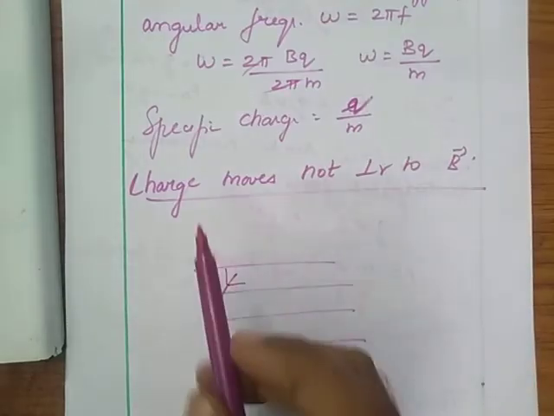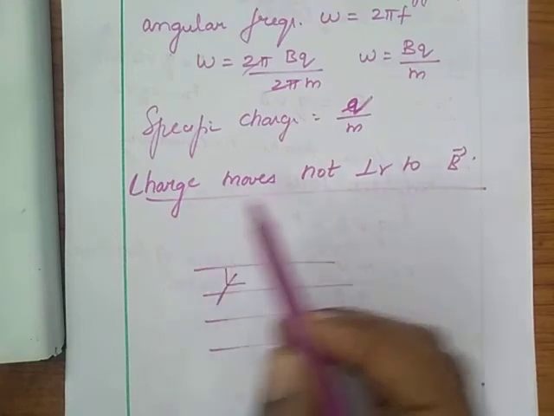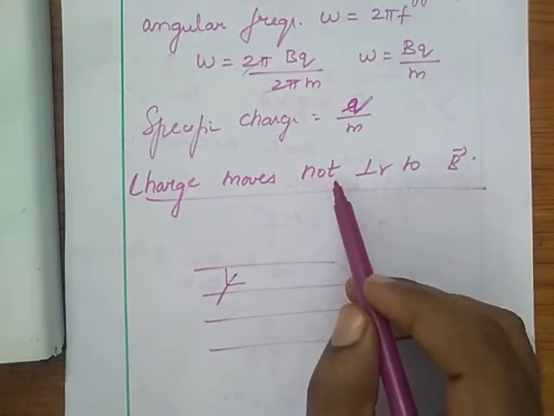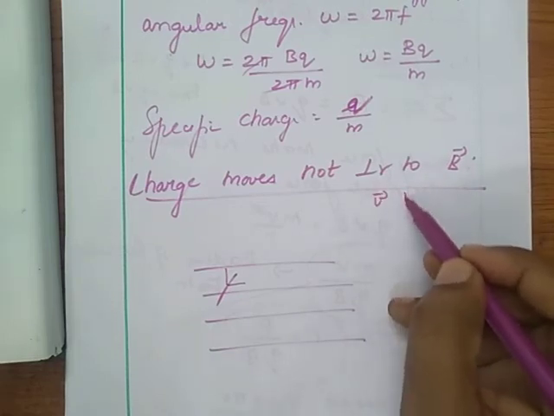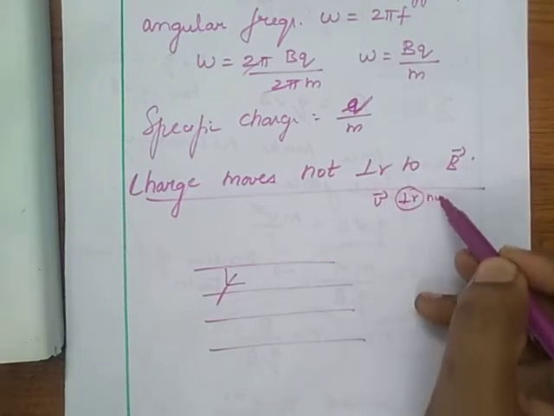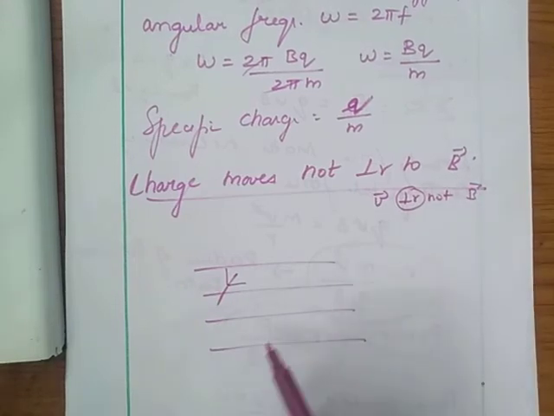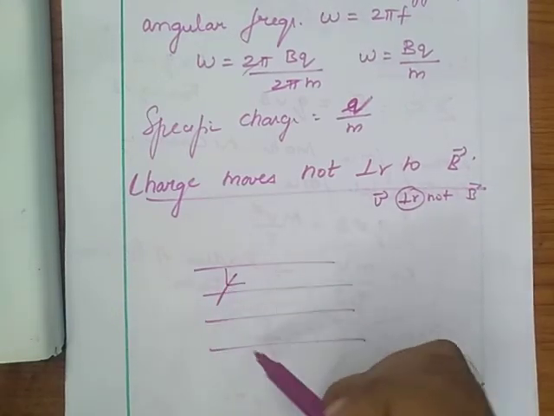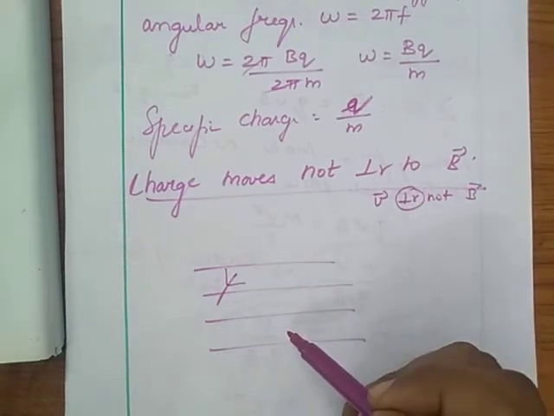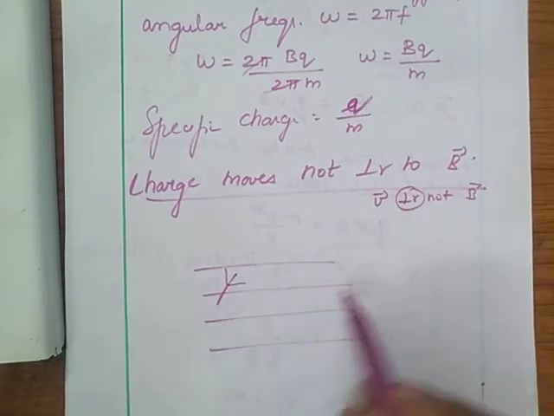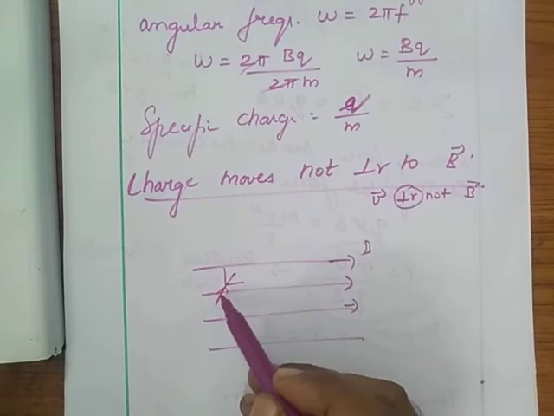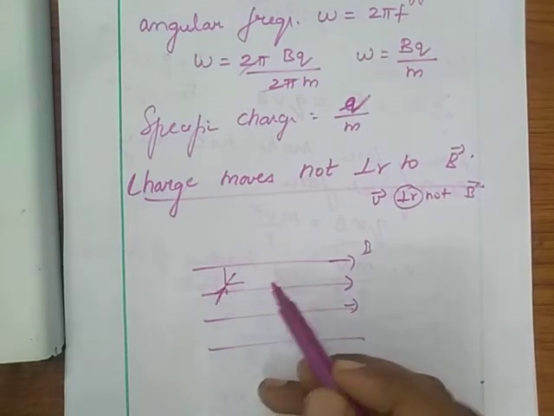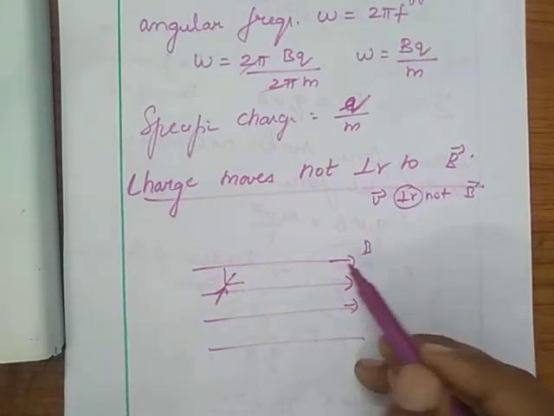Suppose the charge moves not perpendicular to the magnetic field, that means the velocity vector is not perpendicular to the magnetic field. Then it does not attain a circular path, but it attains a helical path. Here it is the magnetic field, and this is the velocity vector, but the velocity vector is inclined at an angle with the magnetic field, not perpendicular.